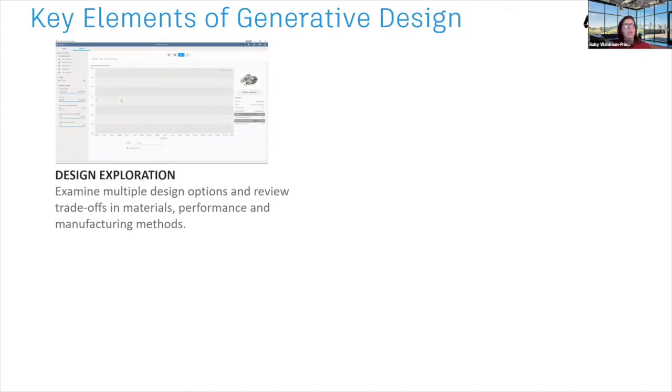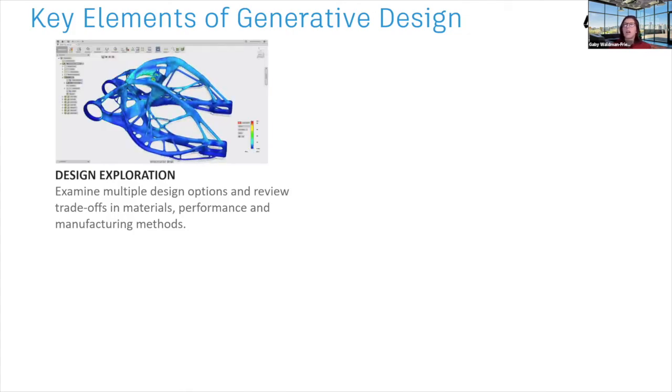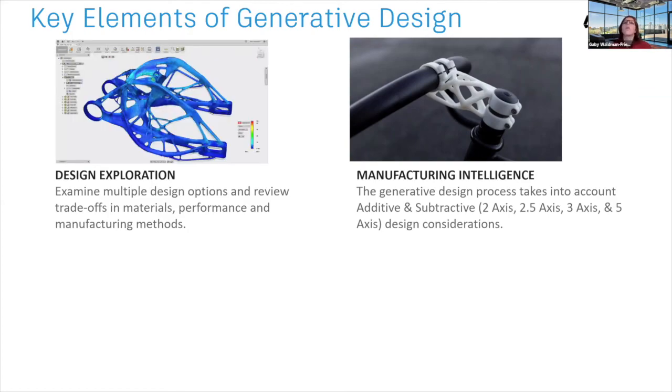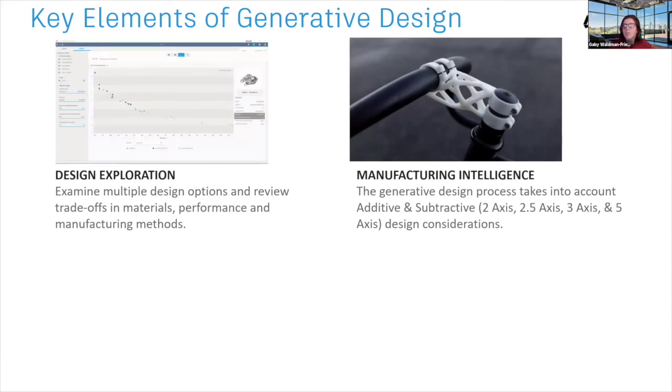The other thing you're telling it is manufacturing. You're telling it basically how you want it to be manufactured. So when you're setting up the parameter sheet, if you say I only want to create designs that can be 3D printed, then it will only give you designs that can be 3D printed.